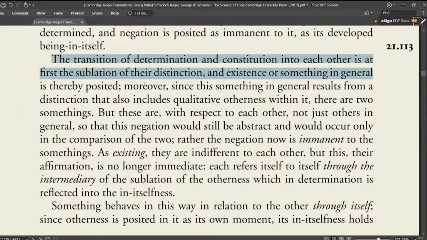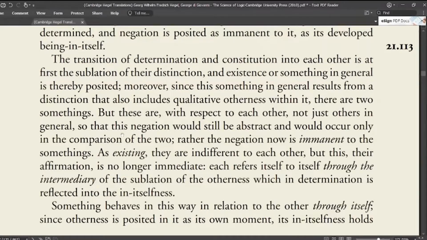Moreover, since the something in general results from a distinction that also includes qualitative otherness within it, there are two somethings. So, we can take that something to itself be, or we can look at the determination and constitution as themselves somethings within the something. But these are with respect to each other, not just others in general, so that this negation would also be abstract and would occur only in the comparison of the two, immanent to the somethings.